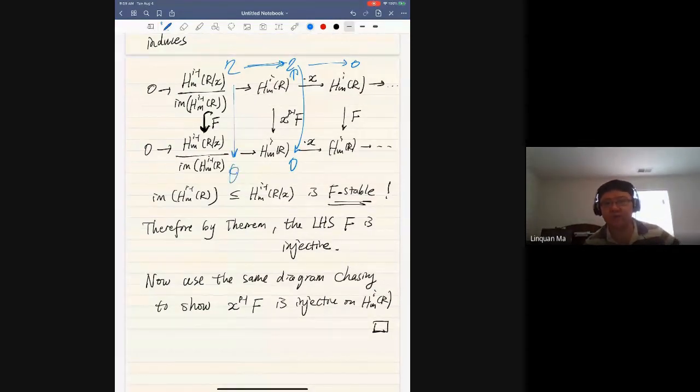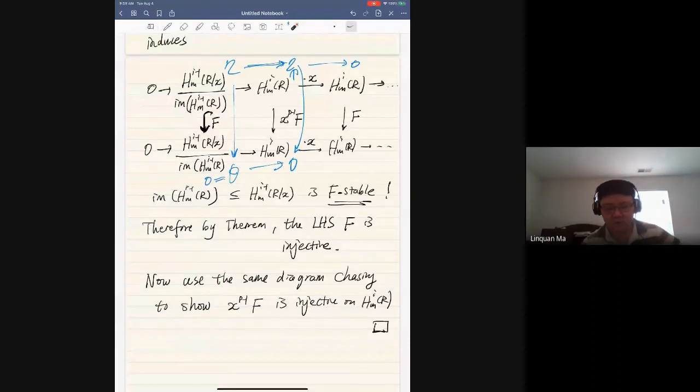I'm just using the same notation. But now theta goes to 0, by the commutativity of this diagram, and you have this injectivity here. So that implies theta equals 0, but eta maps to 0, and this map here is injective. That's what we conclude from the F-split property.